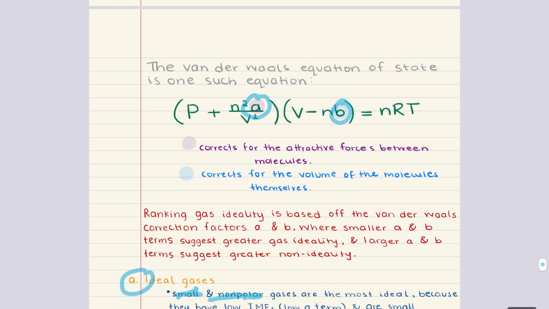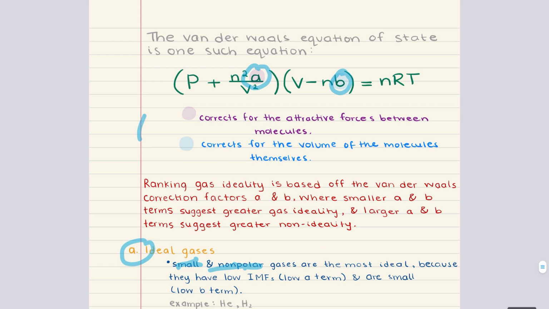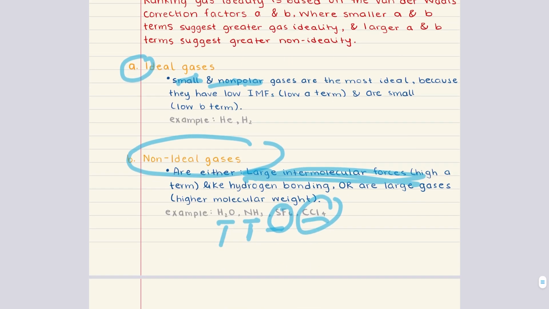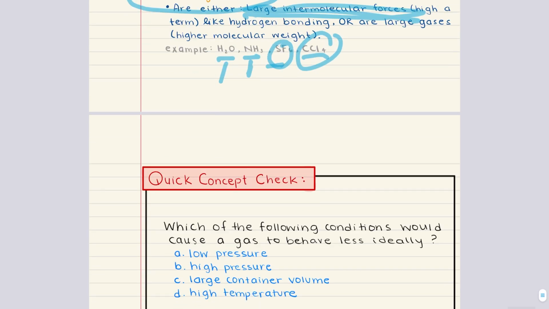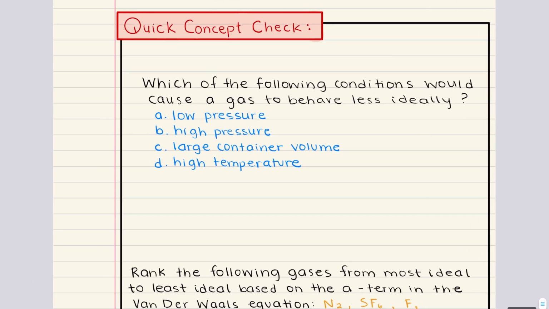The van der Waals equation corrects for real gas behavior by adding terms that account for attraction, a, and molecular volume, b. Helium and hydrogen are the most ideal gases, while larger gases or gases that slightly attract each other behave less ideally. Keeping that in mind, let's tackle a couple of practice problems.